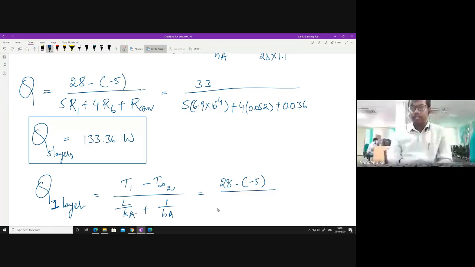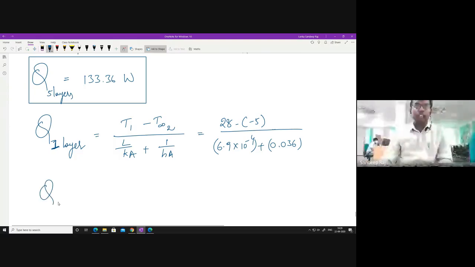So this L by Ka is 6.9 into 10 to the power of minus 4 plus 0.036. Tell me this value, Q of one layer. 899.4. 899.4 watts.